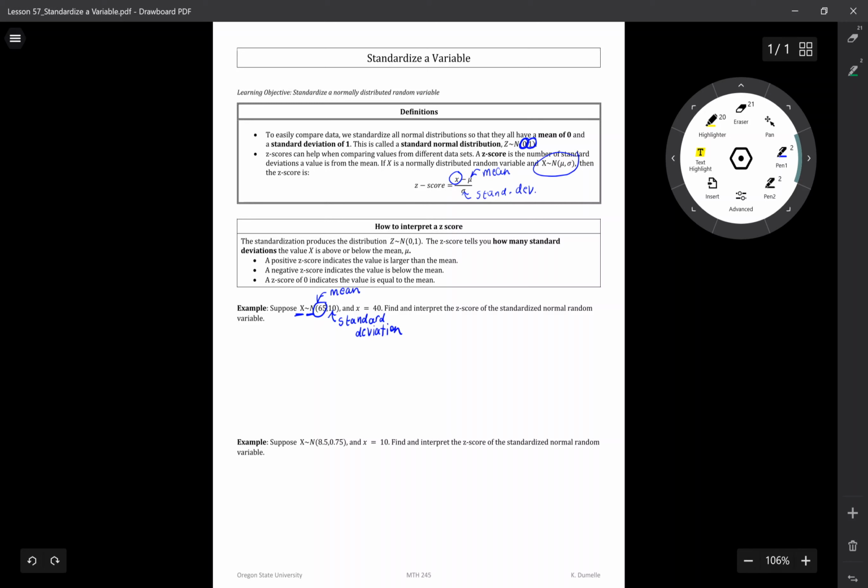And the value that we care about is 40. So I want to find and interpret the z-score of this standardized normal random variable. So I use this equation up here, that the z-score is equal to x minus mu divided by sigma.